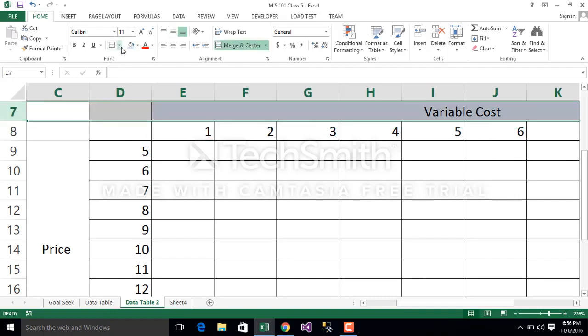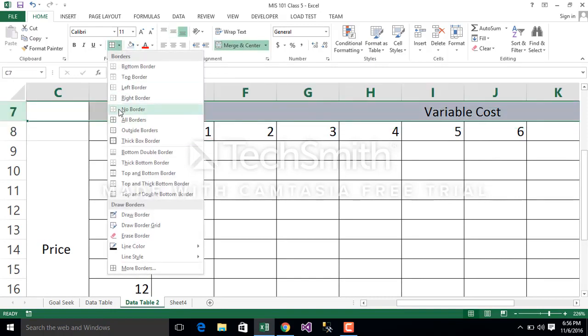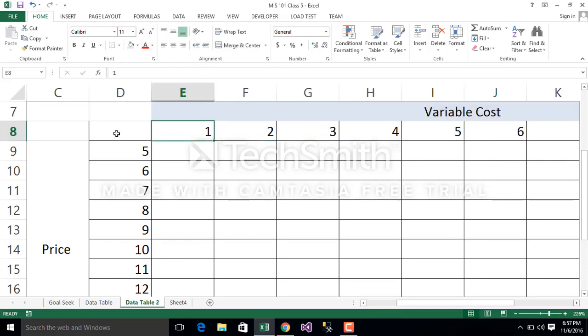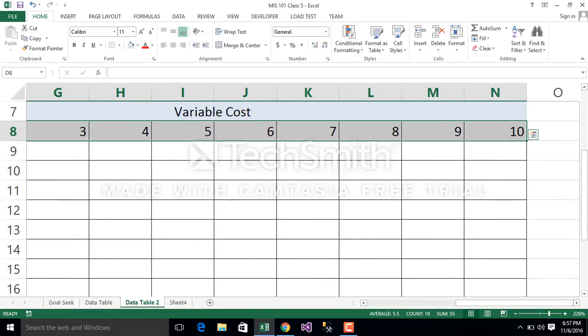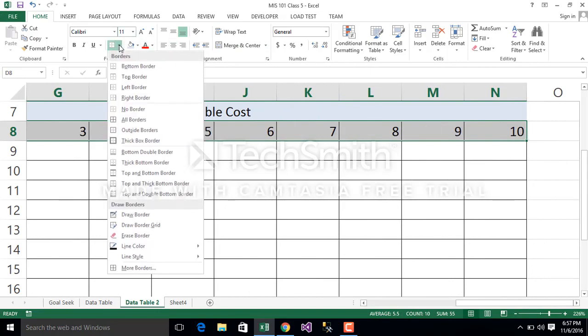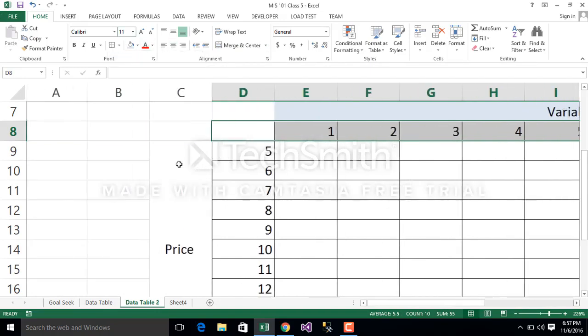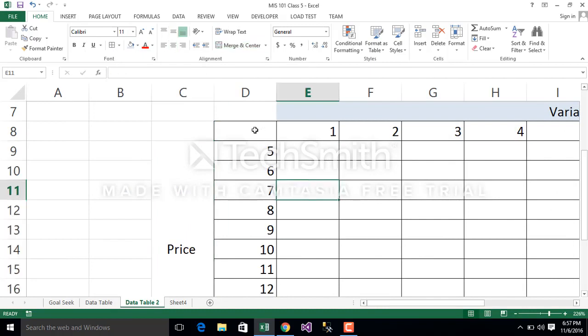So just border up to this level for your understanding. You see, this is the price level in a row, and this is variable cost. This is the most important thing.